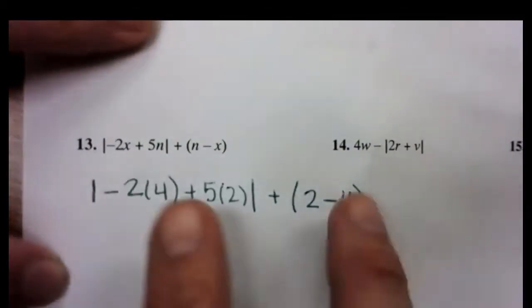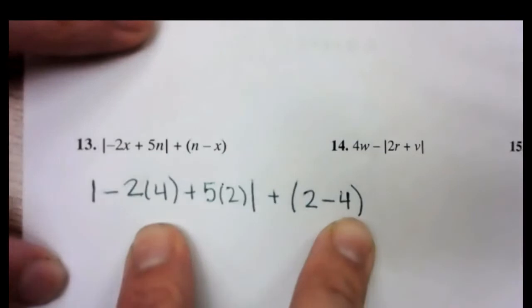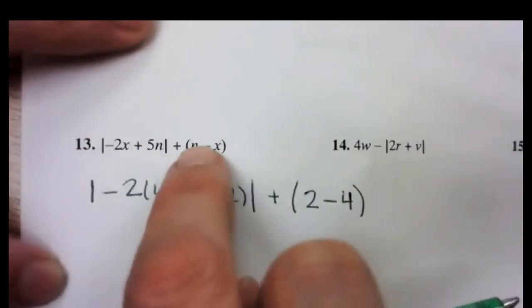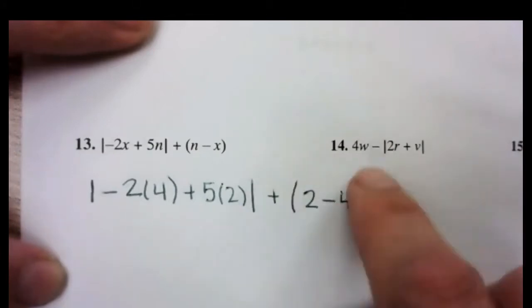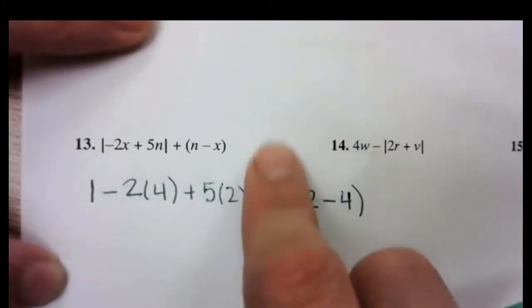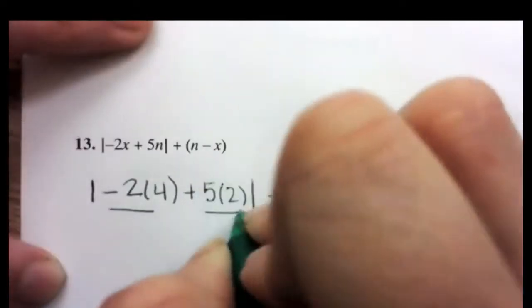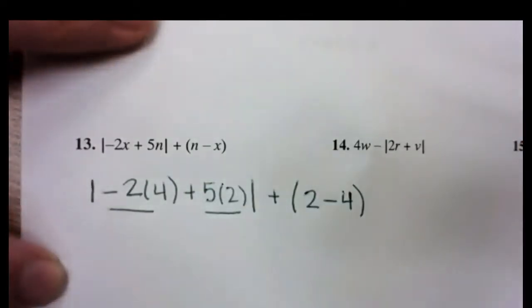So remember, parentheses and absolute values are grouping symbols. So you're going to do inside absolute values and inside parentheses before you add. So inside we need to multiply these two terms together first because order of operations says multiplication first. We are on the very, very back page of your packets, guys.